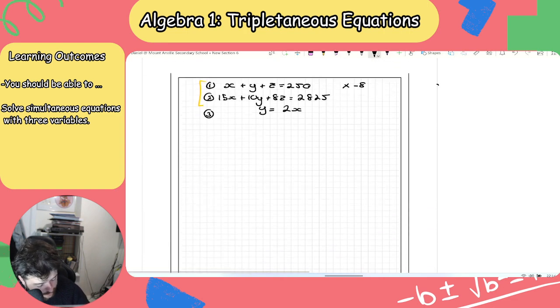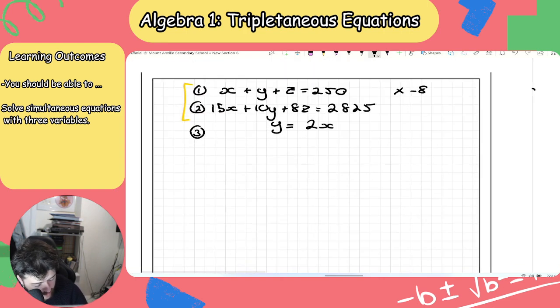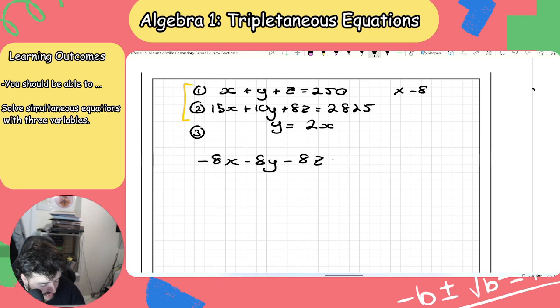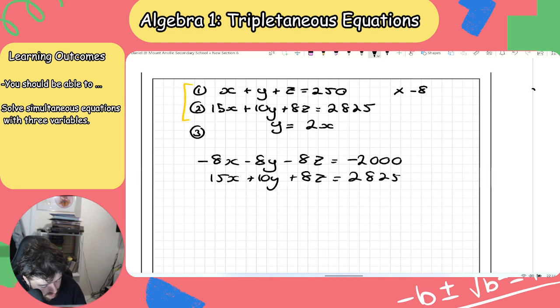So I'm going to have here minus 8x minus 8y minus 8z is equal to 250 times minus 8, which is minus 2,000. And then 15x plus 10y plus 8z equals 2,825.